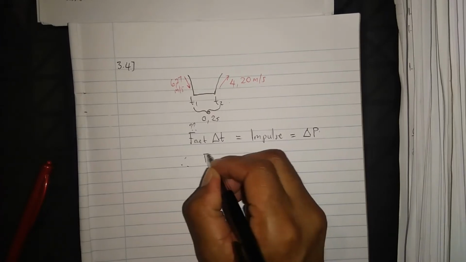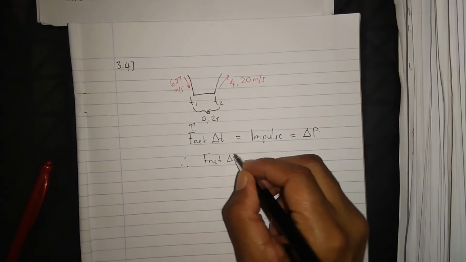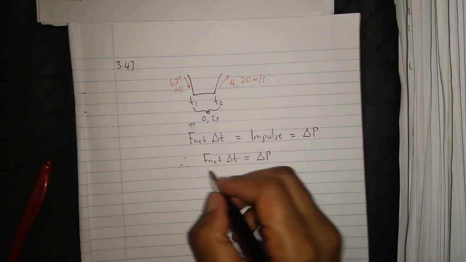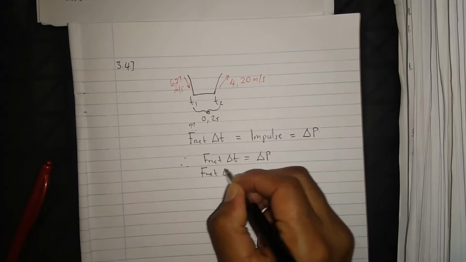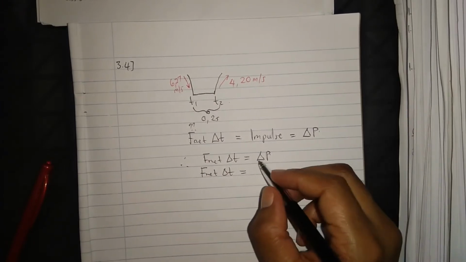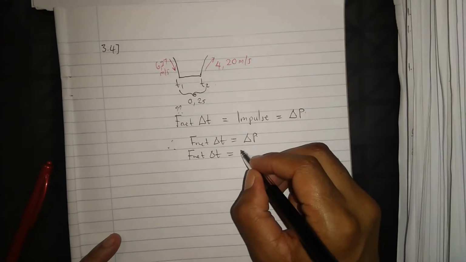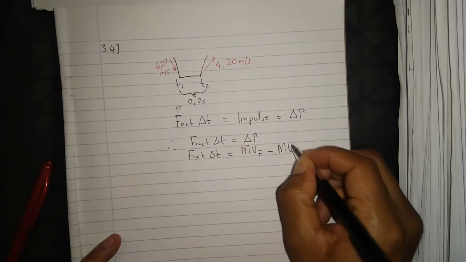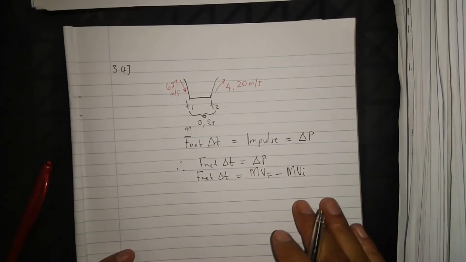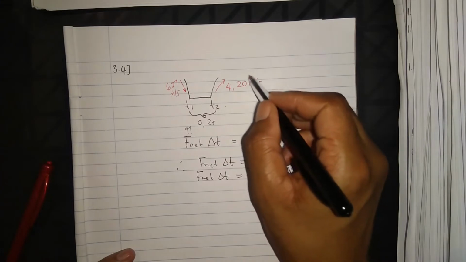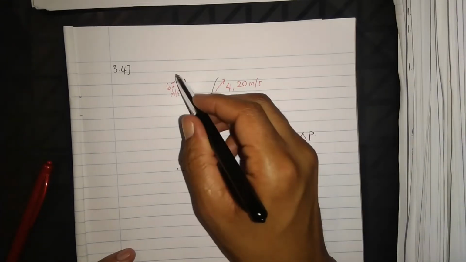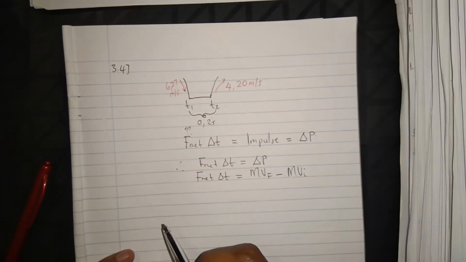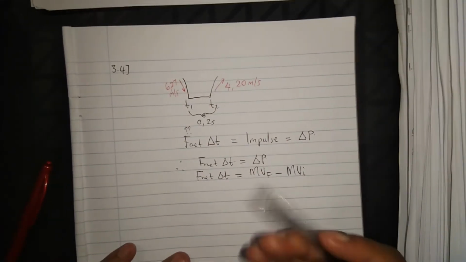So F net times T is equal to the change in momentum, which is m v final minus m v initial. This is the final velocity, this is the initial velocity. This is the incident velocity, and this is the velocity after, or final velocity.